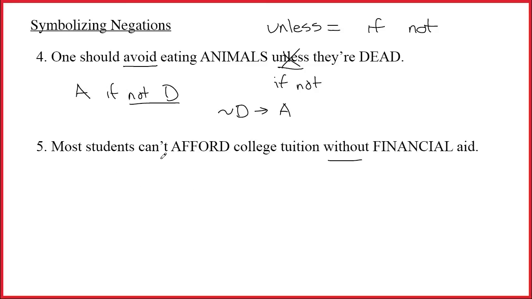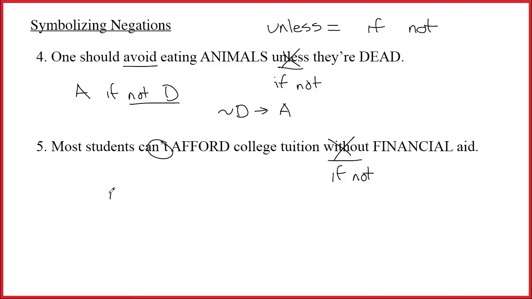Now, most students can't afford college tuition without financial aid. Well, again, let's cross off "without" and write in "if not." Now the sentence is, notice we have another negation right here. In fact, one thing you should probably do is always go through and look for the negations. It's so easy to miss one, and that creates a problem, obviously.